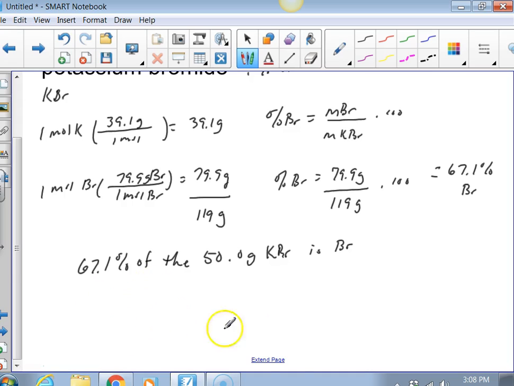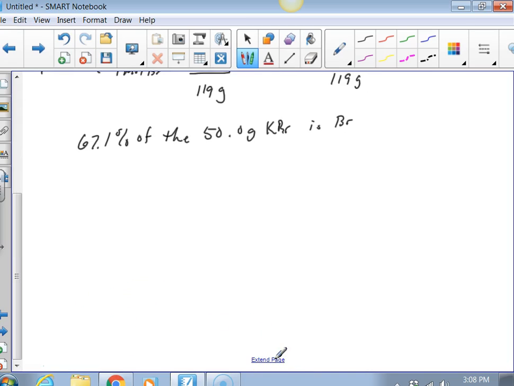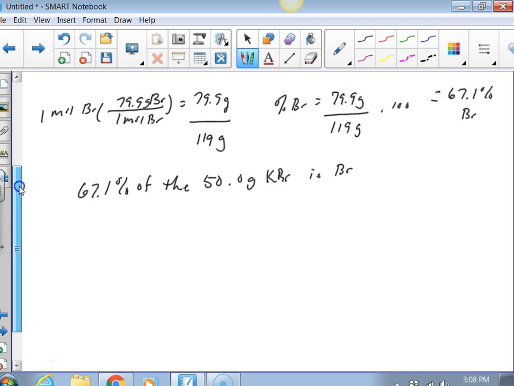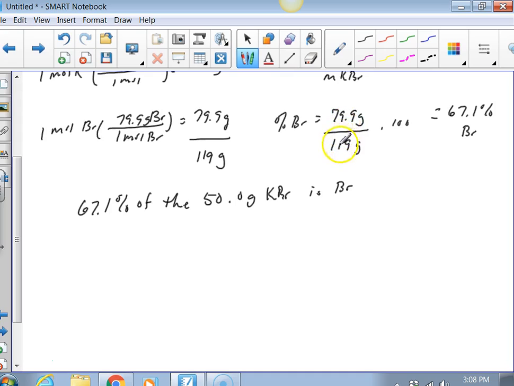To do that, there are multiple ways that you could go about doing this, and it depends on how you've handled it in your math classes. I would convert the 67.1% back to a fraction. So for instance, if we do 79.9 divided by 119, you get something known as a mass fraction, which is just 0.671 in no units. If we multiply that by 100, we get our 67.1%.